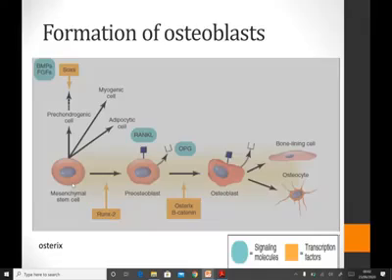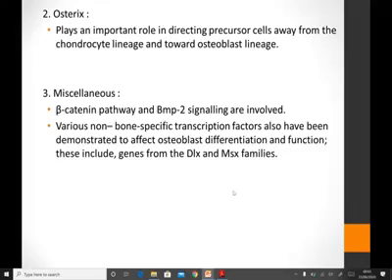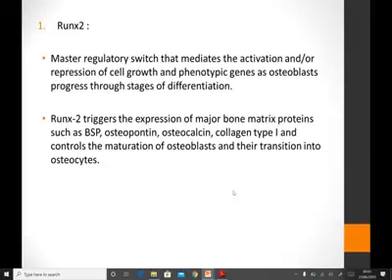So it is involved basically at almost every step of the differentiation of an osteoblast, from the stem cell to the pre-osteoblast to the osteoblast, and then from osteoblast to the osteocyte even. At all these steps, this transcription factor has a very important role. However, there are other transcription factors like runt-related transcription factor 1.